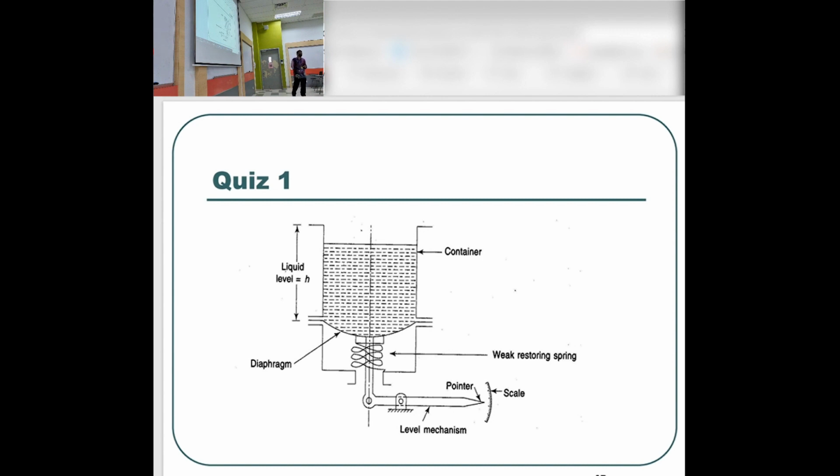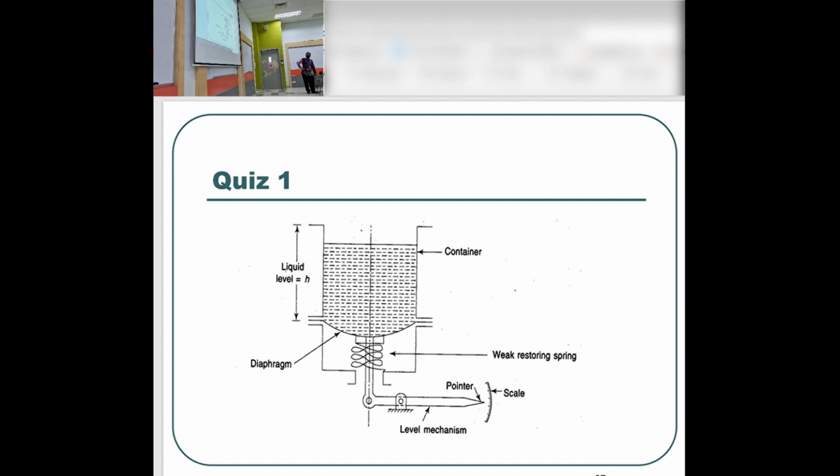Now we move to the conditioning. Which one is the conditioning part? No, we know that the spring is not involved here. Okay, so it is the lever mechanism. How do we make sure that it's actually sensitive?